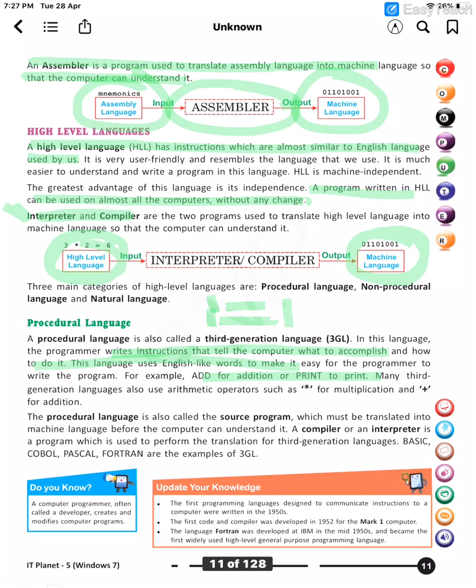If you miss any line or if there is an error in any line, the program will not run properly in a procedural language. And as I told you, a compiler or interpreter will be used to check the code. Some examples of procedural programming languages are COBOL, Pascal, Fortran. Okay, they are third generation procedural languages.